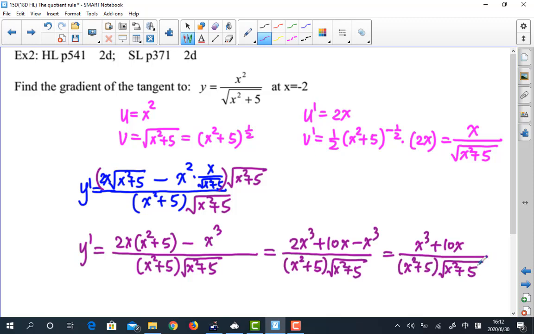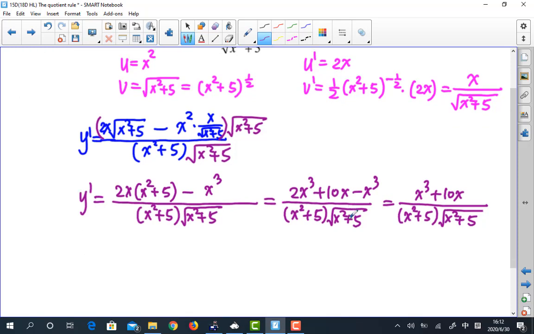So the particular gradient at x equals negative 2 should be, we sub negative 2 in for x in this derivative function. It's negative 8 because it's negative 2 cubed.